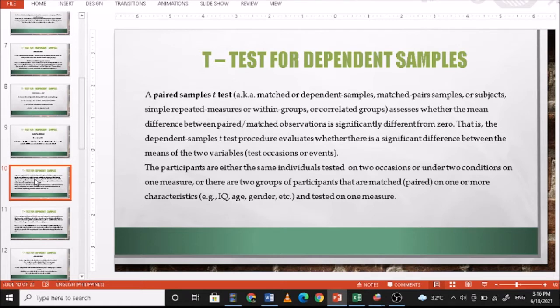So usually this is the test that you're going to use if you're just going to compare pre-test and post-test, because the subject is the same individual: there is a pre-test, there is an intervention, and then there is a post-test. Or if you're going to test between groups, make sure that the groups are the same.